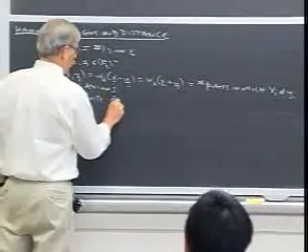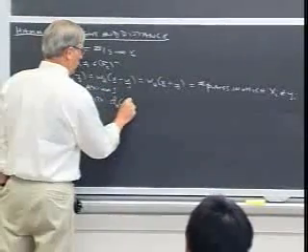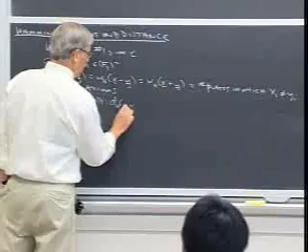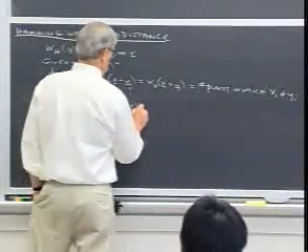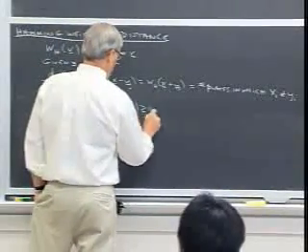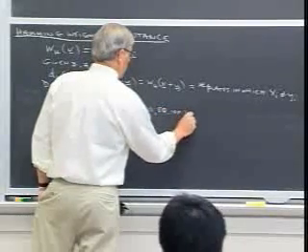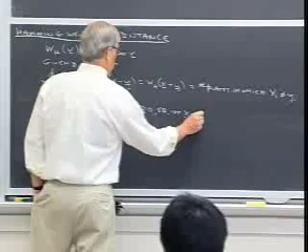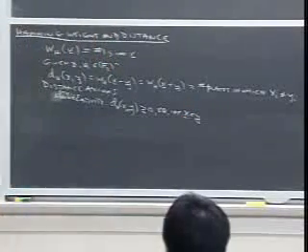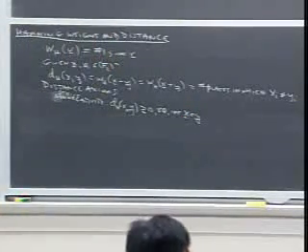In other words, the Hamming distance between x and y is greater than or equal to 0, and equality if and only if x equals y. That's what strict means. So if we find the Hamming distance is 0, we can assert that x equals y.